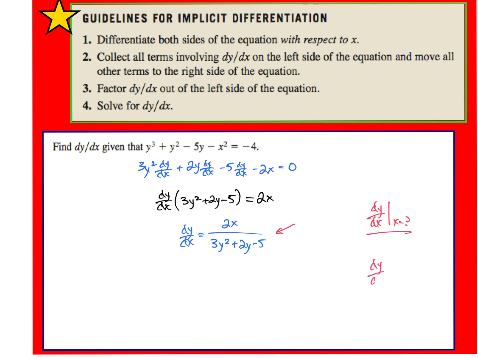I would have to say dy/dx at what? I don't need just an x anymore. I need both an x and a y. So now I need the whole ordered pair, the whole point. And so this would now be our x and our y. I want to go over some notations. We're going to practice it on the next problem too.